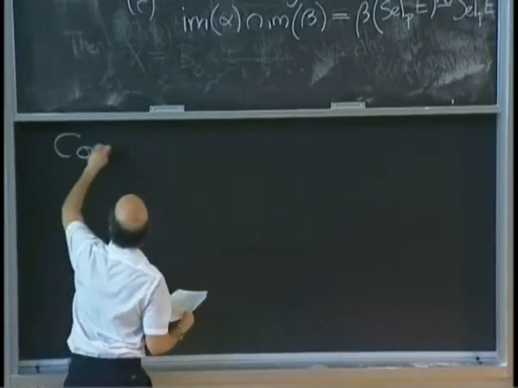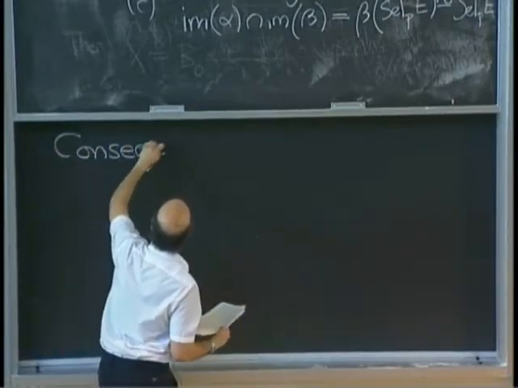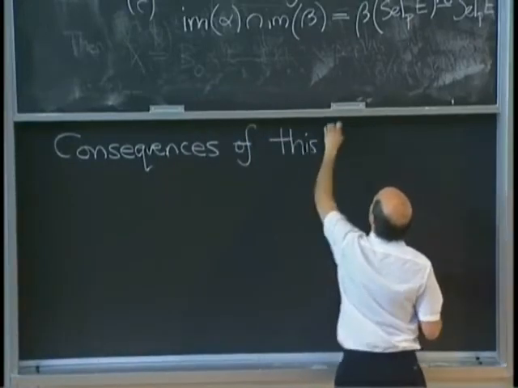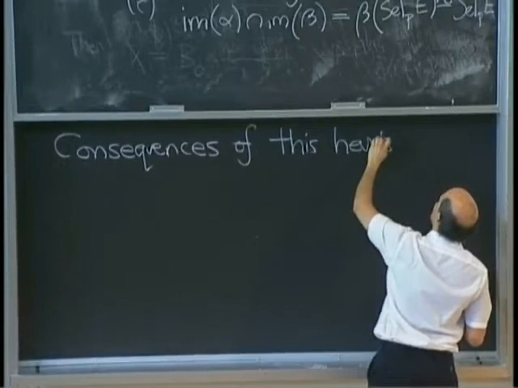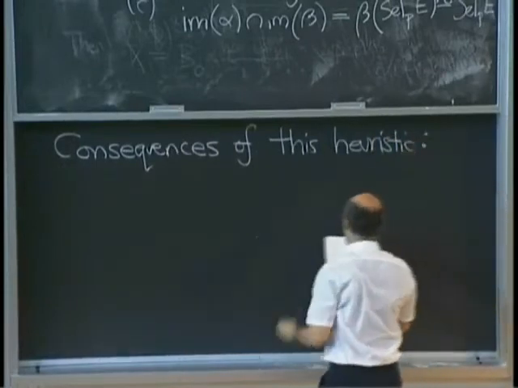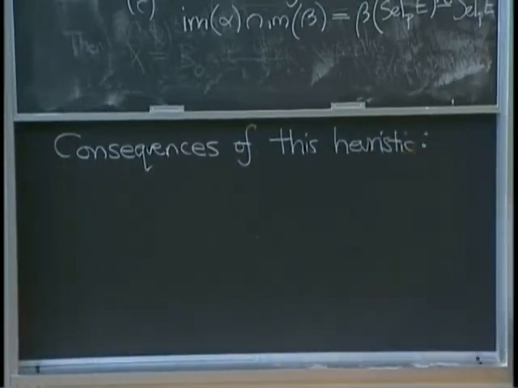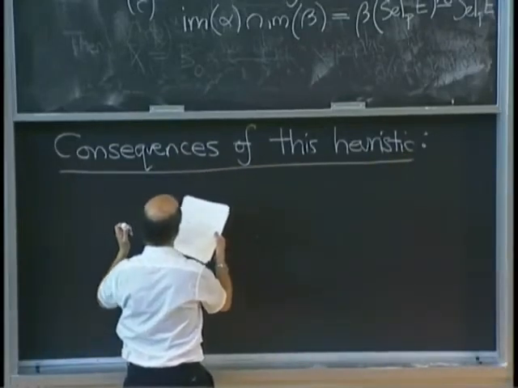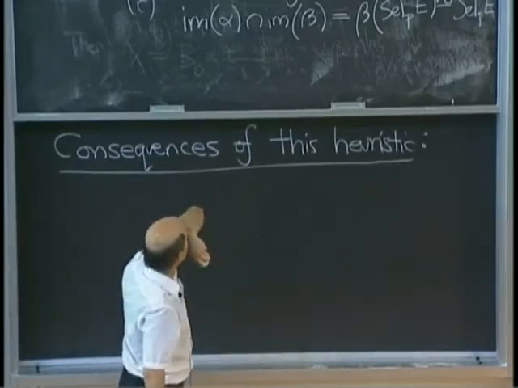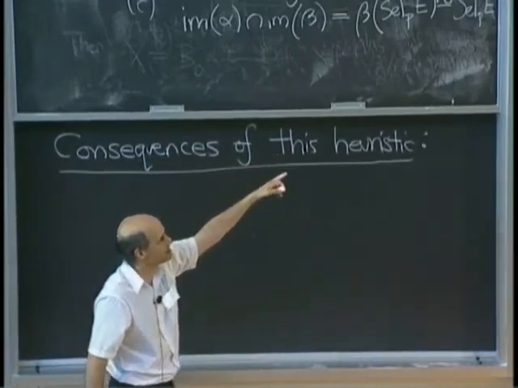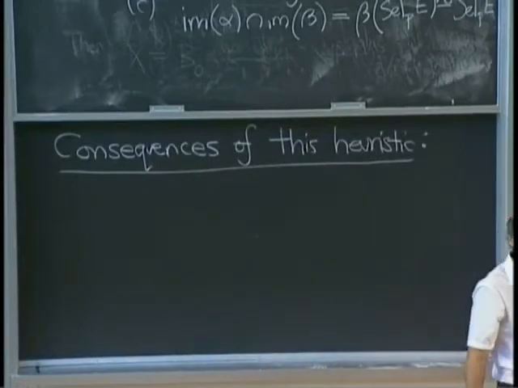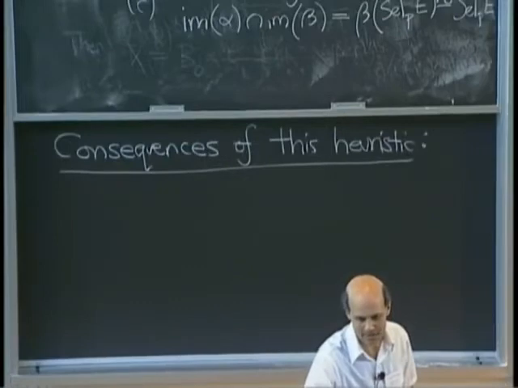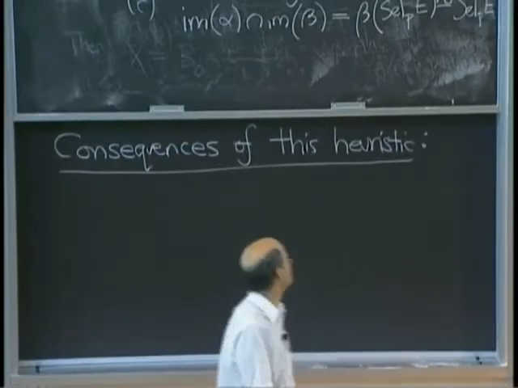So what are the consequences of this heuristic? First of all, the heuristic is that the probability that the dimension of the Selmer group is d is exactly the formula, the c_p(d) that I had just like this one, with the p's instead of the 2.